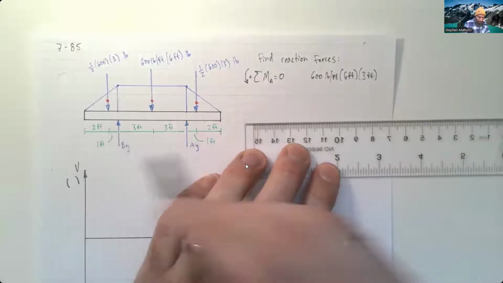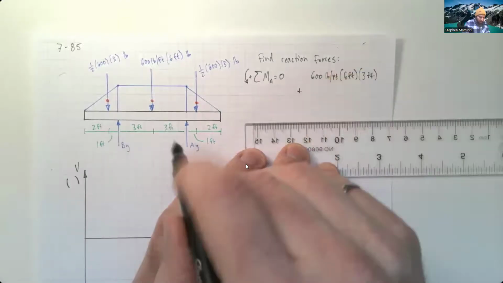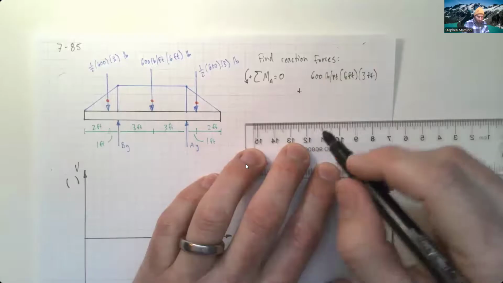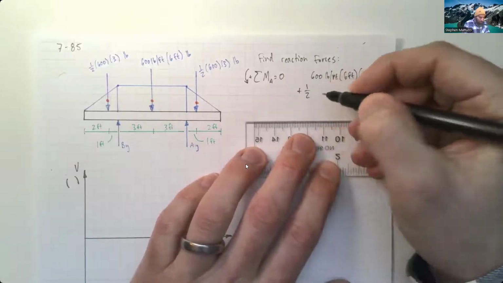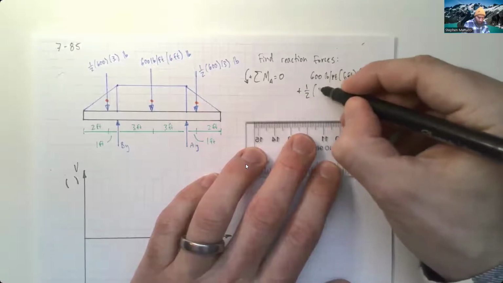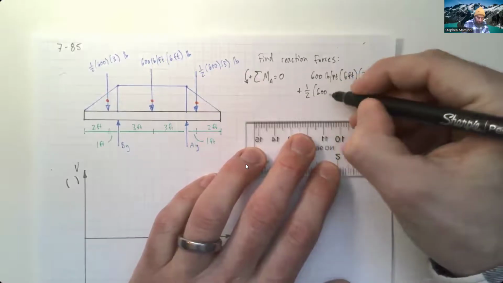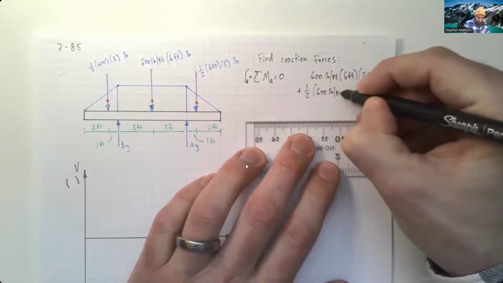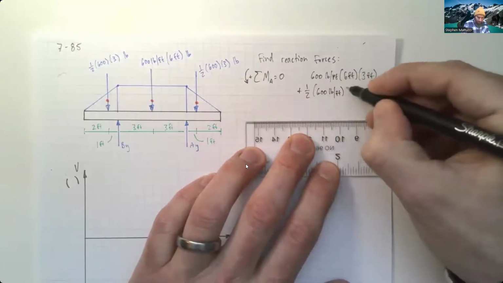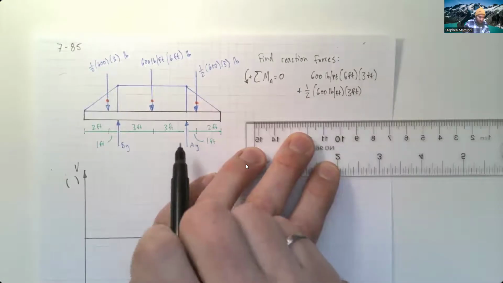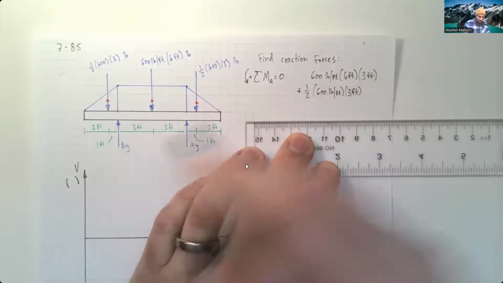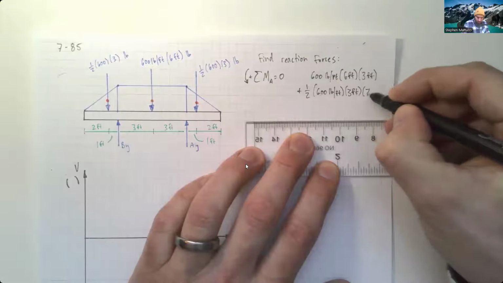Now we're going to do this triangle on the left side. We can see that's causing positive moment. So we're going to add 1/2, 600 pounds per foot times 3 feet. And then this is going to be from A, we've got 3 plus 1 is 7 feet.